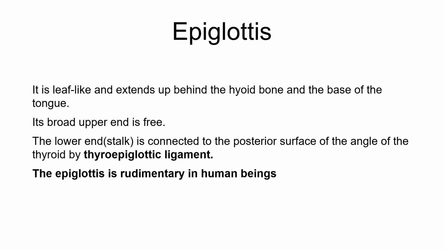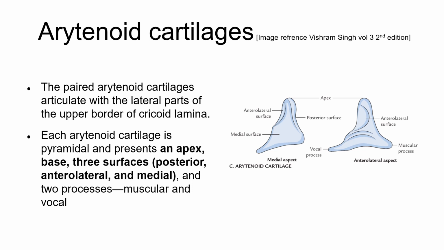It is a leaf-like structure, and it extends up behind the hyoid bone, and it reaches till the base of the tongue. So the epiglottis also is connected to the thyroid cartilage with the help of thyroepiglottic ligament.